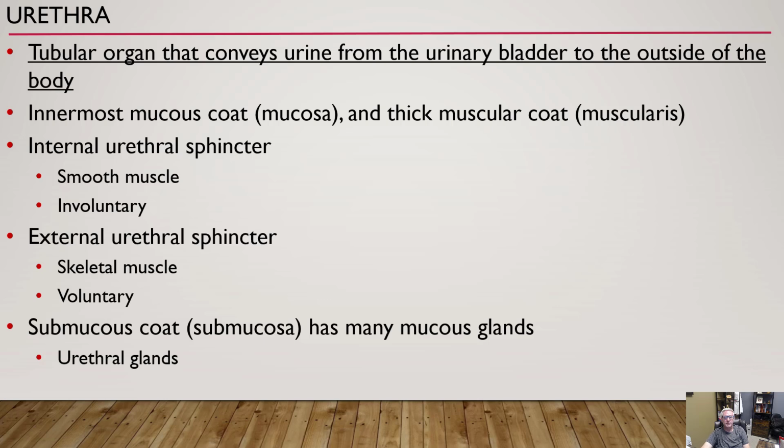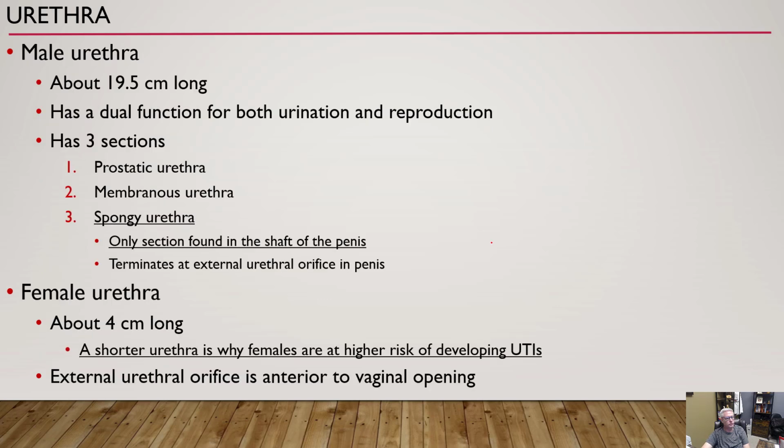And then we also have a submucous coat or a submucosal that has a lot of mucus glands, like your urethral glands. Your male urethra is about 19.5 centimeters long. It has both a urination function and a reproduction function because the sperm actually migrates down the urethra as ejaculation happens.